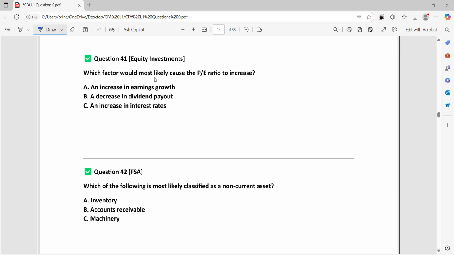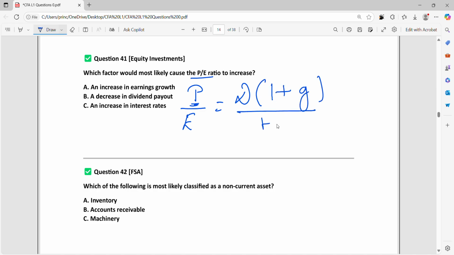Which factor could most likely cause a PE ratio to increase? PE ratio, price to earning. And we also know how to find the price of a stock through the Gordon growth model. Dividend 1 plus growth, whole divided by R minus G, is the formula of P, and we can simply write this as E here.